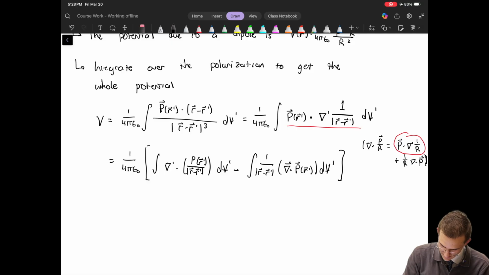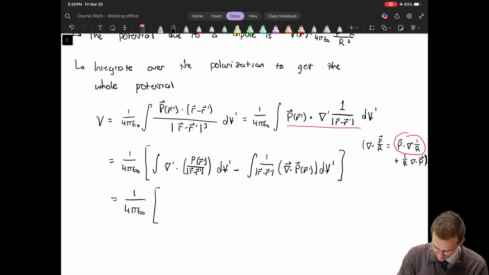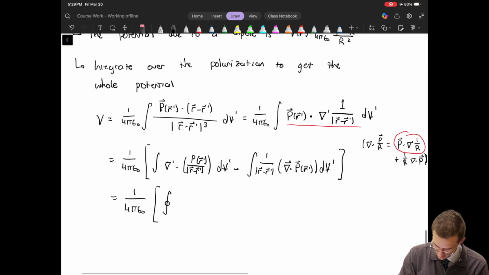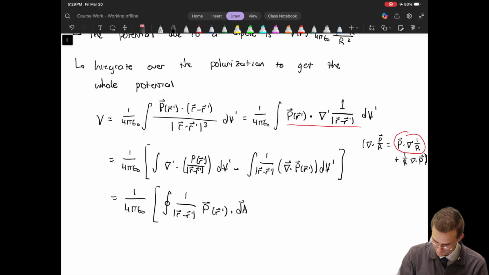Okay, and then we're going to use the divergence theorem for that first term, 1 over 4 pi epsilon naught, and we're going to turn that into a closed surface integral, 1 over R minus R prime times P, the polarization capital P, P of R prime dot dA prime.